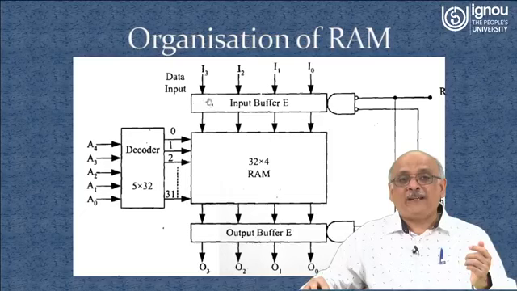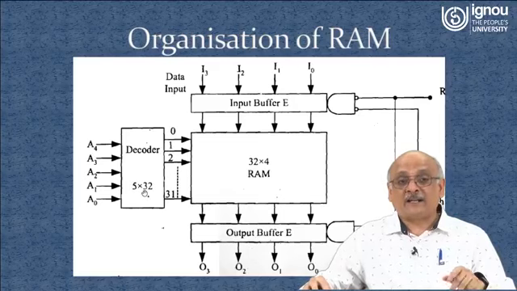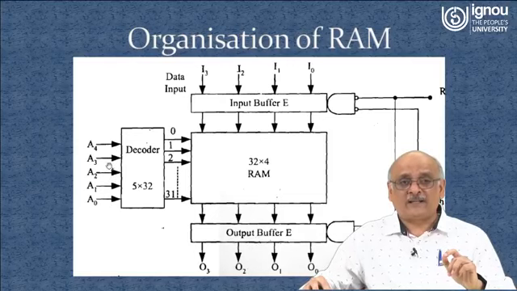Then we have an input buffer, and then an output buffer. So input and output will be considered accordingly. Then we have a decoder. Now a decoder is a circuit. If you have read your Block 1, Unit 4, a decoder is a circuit which takes n inputs, in this particular case 5 inputs, n equals 5, and then one of the 2 to the power n lines will be selected.